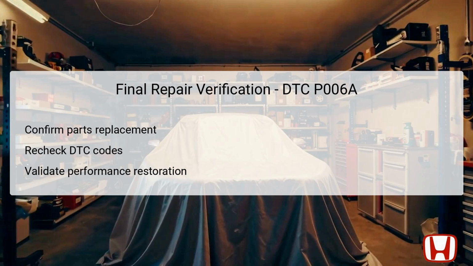Clear all existing codes and take the vehicle for a short test drive to observe its performance under normal driving conditions. If everything operates smoothly without re-triggering the P006A code, the repair can be deemed successfully completed. Final verification ensures that the problem has been fully resolved and the vehicle is safe for daily use.